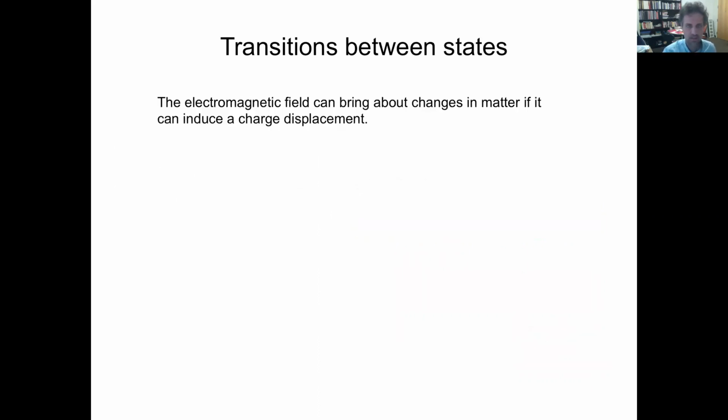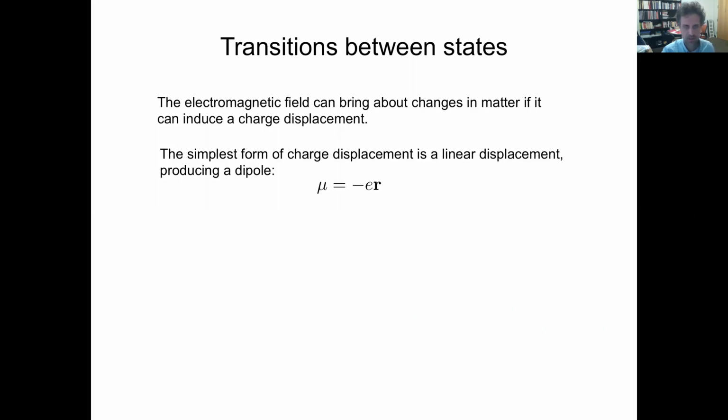So let's look at transitions between states due to the involvement of photons, aka electromagnetic fields, right? Because a photon is a form of electromagnetic radiation, quantized electromagnetic radiation. Here is what we will do. What the photon will do is the following in the atom. It will couple to the charges of the atom.